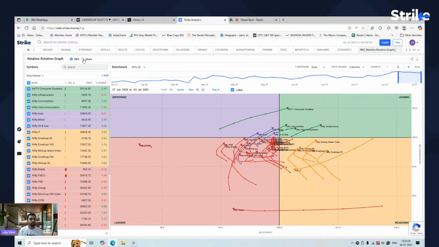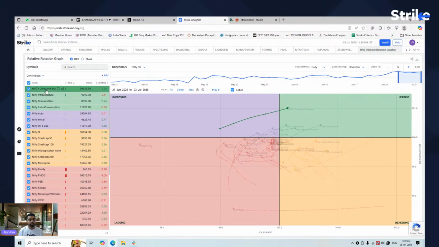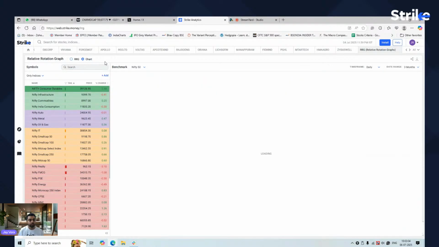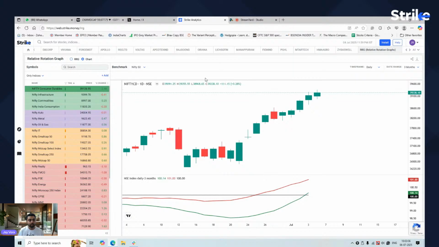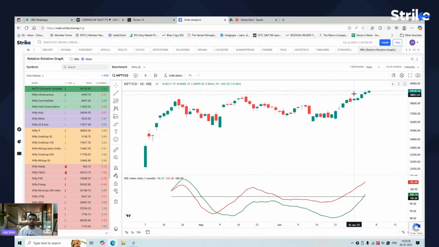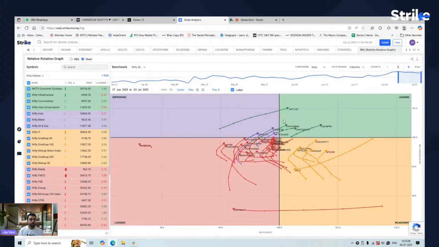When you click on chart, say for example I have clicked on consumer durable and then I click on chart, I get to see the chart of consumer durable, and how the RRG is behaving. In RRG, there are two components.